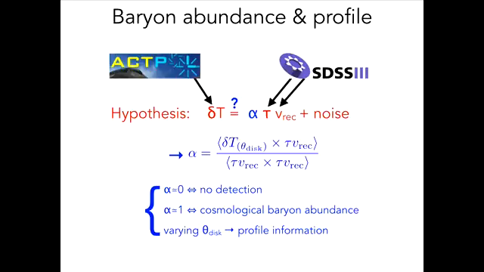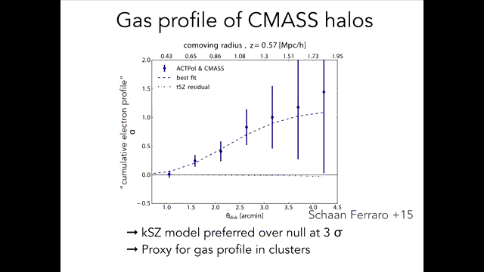If you find it consistent with 1 because of our normalization, it means that within your aperture, you've detected as many electrons as you would expect from cosmological abundance. And again, because we vary the size of the aperture in this temperature measurement, we get information on the profile of these halos. So let me show you what we obtained from this data.